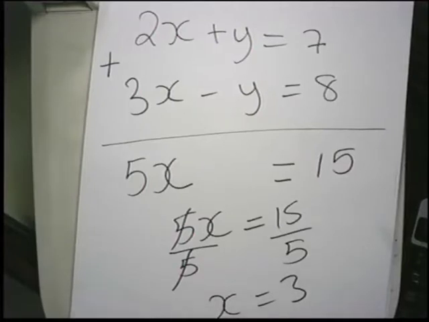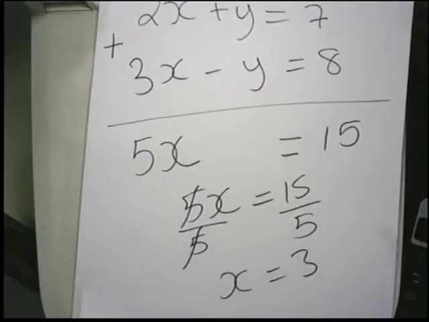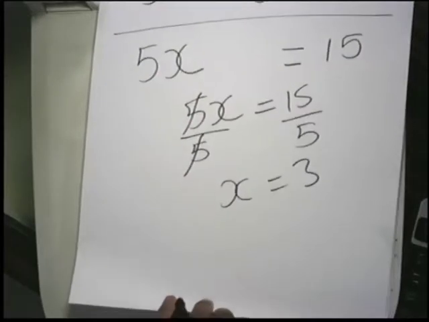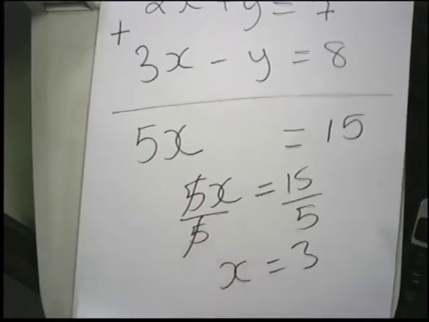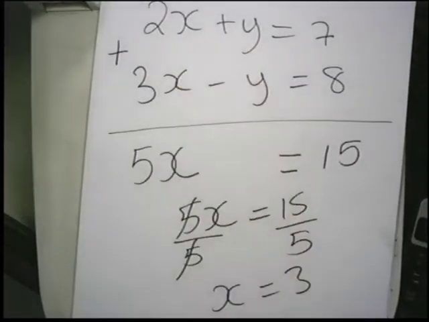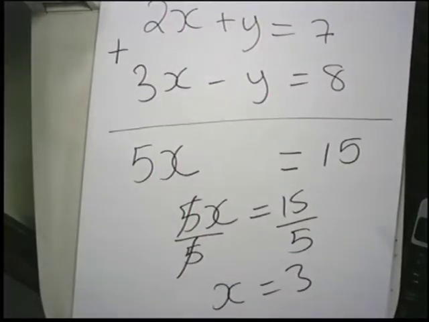Okay, now that we know our x is equal to 3, we are going to substitute x in either the first equation of the original or in the second equation of the original. But in either of the two, your answer will still be the same.